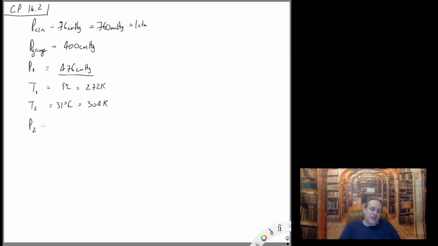And then we want to know what pressure 2 is, but it technically says, what will the pressure gauge read? So we want to know the gauge pressure. The ideal gas law does not work with gauge pressure. Okay, just like it doesn't work with degrees Celsius. So this is almost like a little trick question.